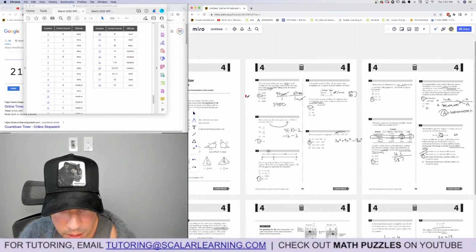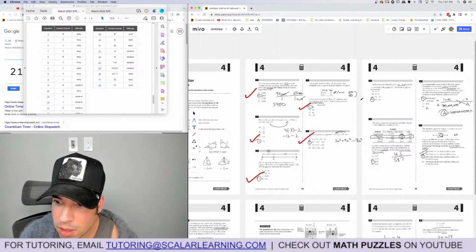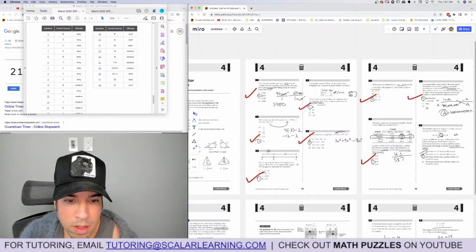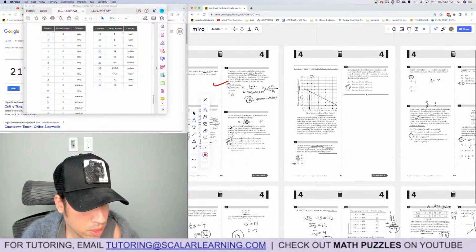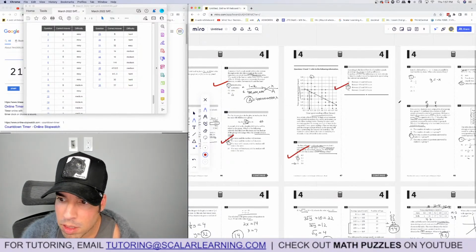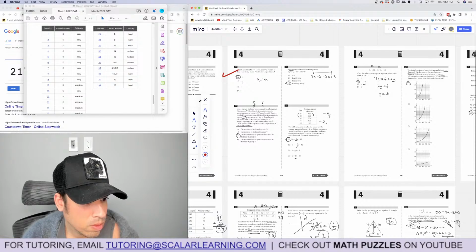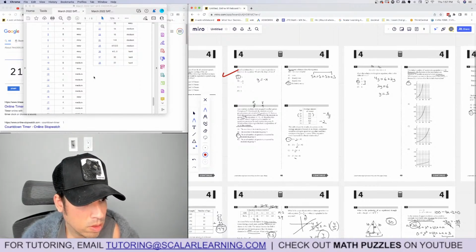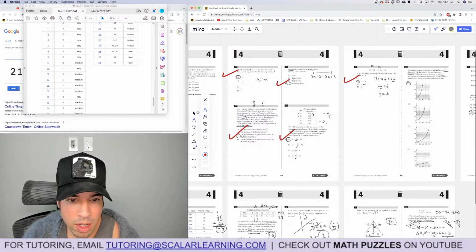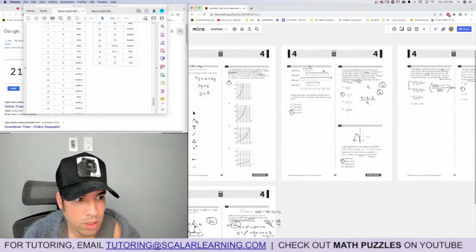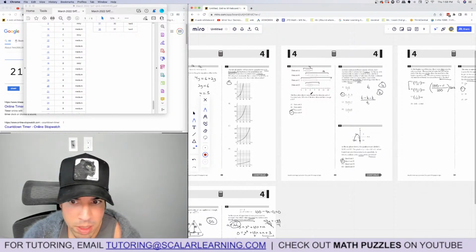We've got B, D, D, A. Number 5 is B, D, C, A. We've got 9, which is C, B, C, A. We've got 13, which is C, D, A, B. We've got 17, which is A, D, B, B.